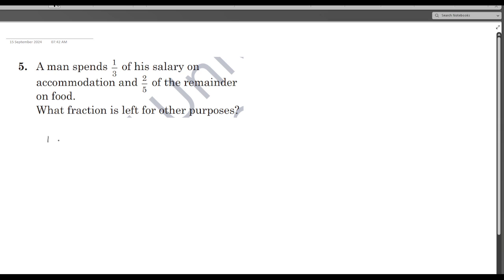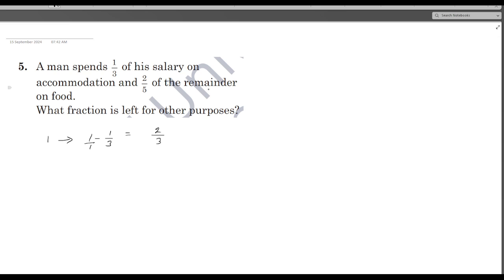So from 1, 1/3 is spent on accommodation. So 1 minus 1/3 will give you 2/3. This is 1/1, so you can do the calculation. So 2/3 is left.